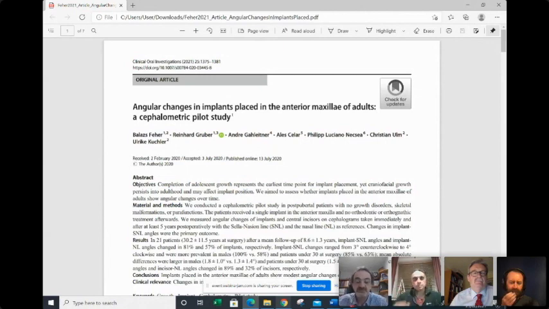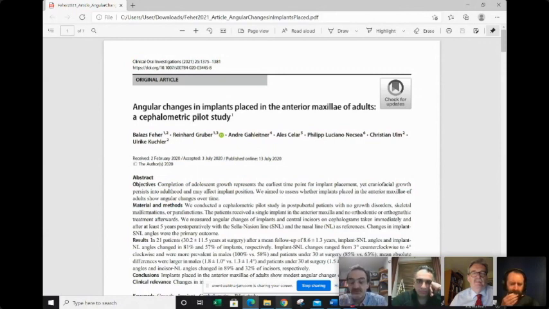So there is evidence that if we place implants in somebody who's still growing, we can have aesthetic issues a few years down the line, asymmetry between the implant and the adjacent teeth. But nobody has actually looked at changes in the angulation of the implant.